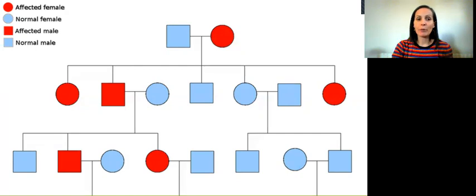And it can be important to draw out, obviously, males are squares, females are circles, affected in one colour, or you can use a line through for deceased. And you want to draw out with the youngest on the right and the oldest on the left.